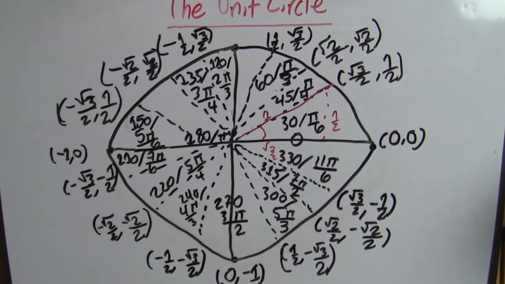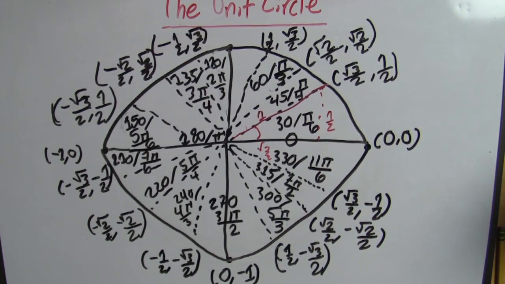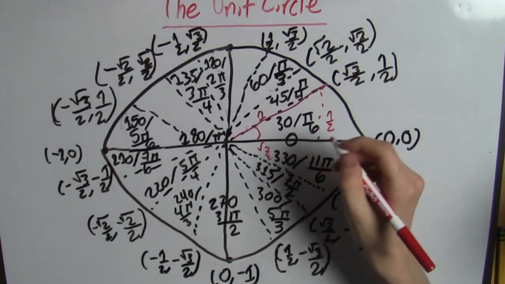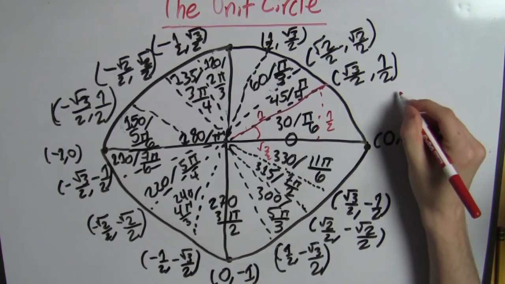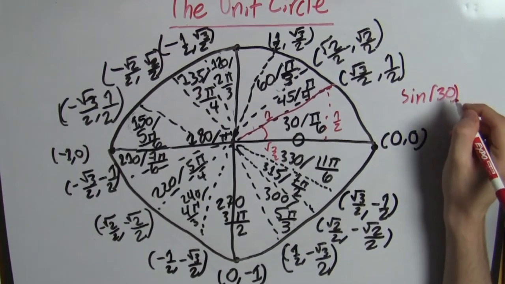And the neat thing about the unit circle is that it lets us take trigonometric functions of a wide variety of angles. Because let's say I want to take the sine of 30. What's the sine of 30?